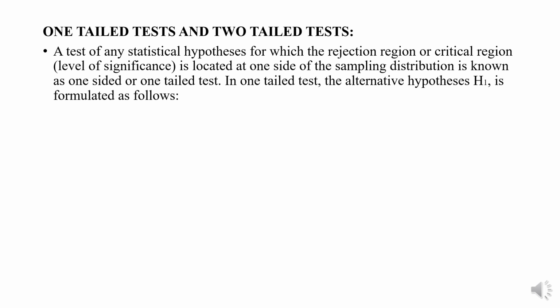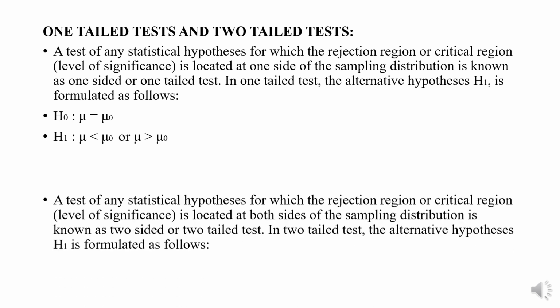In a one-tailed test, the alternative hypothesis, H1, is formulated as follows. H0, the null hypothesis, is mu equals mu naught. But in the alternative hypothesis, H1, mu is less than mu naught, or mu is greater than mu naught.